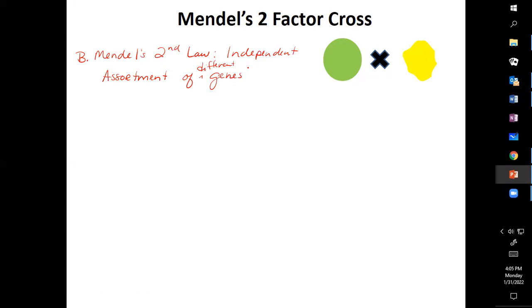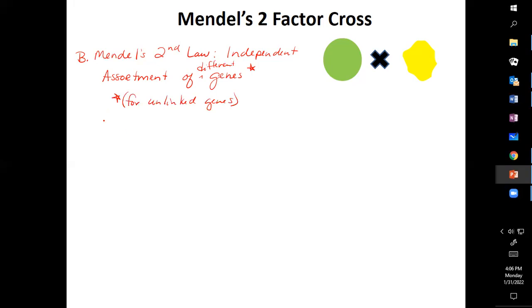And I'm going to put an asterisk here, and I'm going to say this law only applies for unlinked genes, because we'll look at linked genes in the future and they may violate Mendel's laws. So this is only for genes that are not linked together. So this is Mendel's second law, independent assortment of different genes.